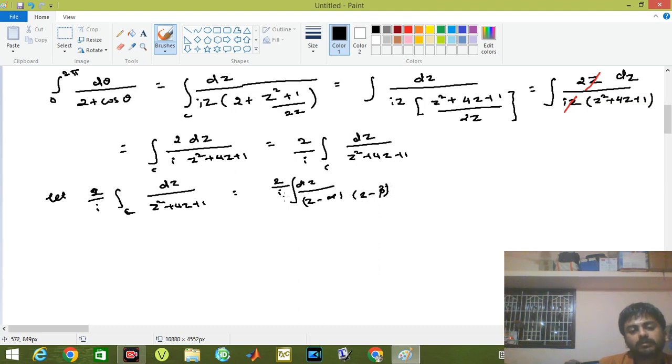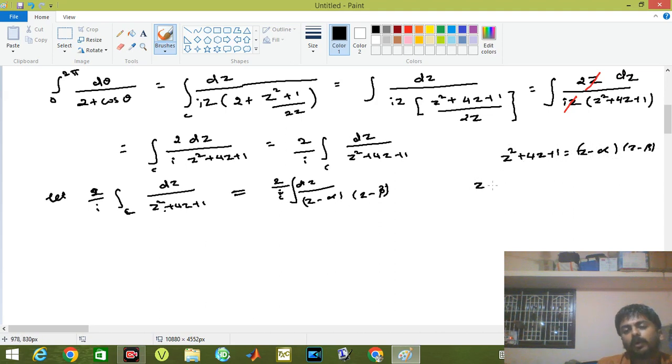So we will have the factors of z square plus 4z plus 1 in the form of z minus alpha and z minus beta. So we shall factorize that z square plus 4z plus 1 equal to z minus alpha into z minus beta.